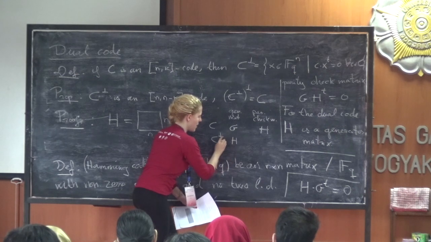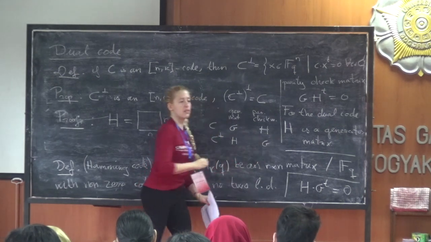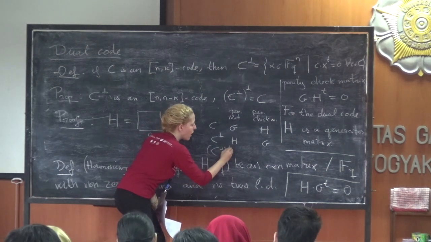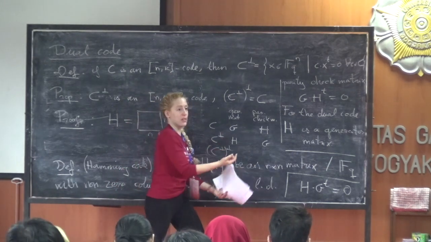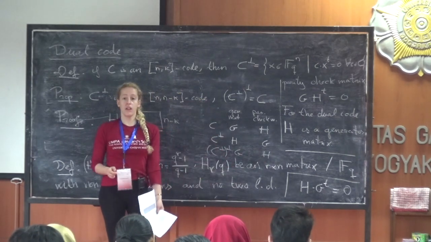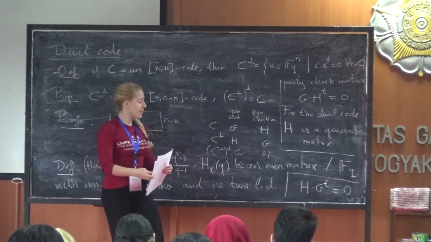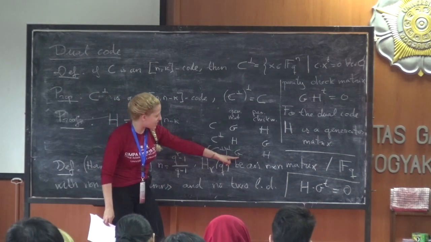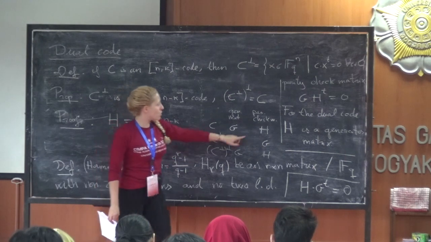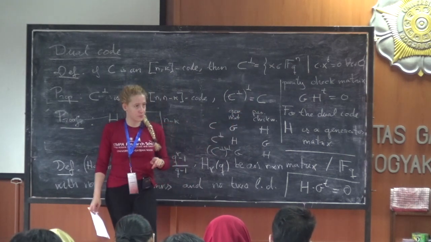So I have H and G. If I consider the dual of the dual, what I have to do is switch the matrices here again. So I'm getting G and H. So basically the dual of the dual is a code that is generated by the matrix G, that is the same one that was generated in C, so basically they are the same code. So we have the equality stated here.